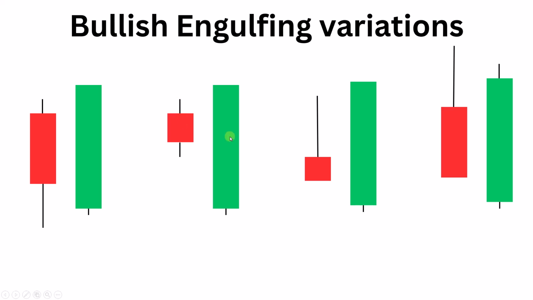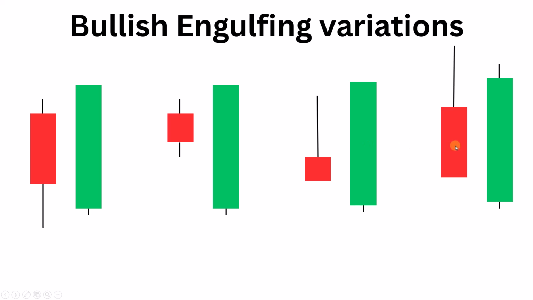So this is a valid bullish engulfing pattern. If we look at this, here too the entire red candle body is engulfed by the entire green candle body along with the wick of the red candle. So this is a bullish engulfing pattern too.